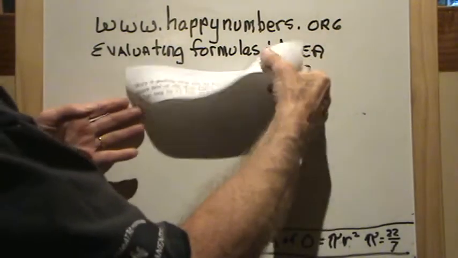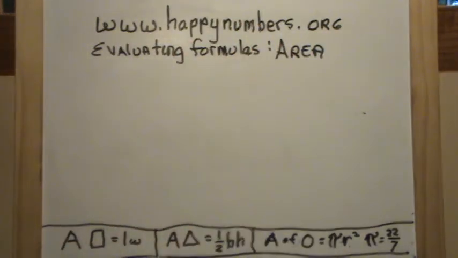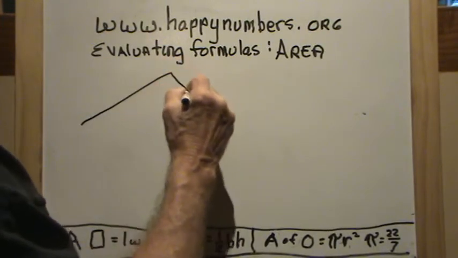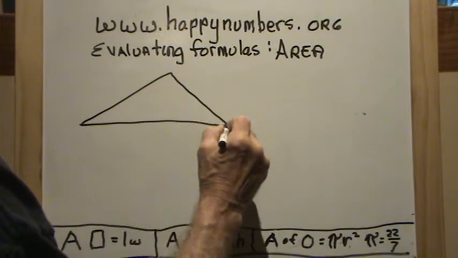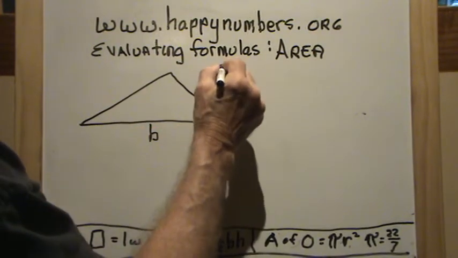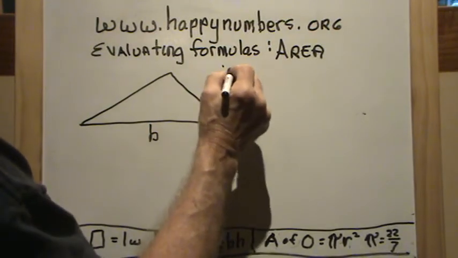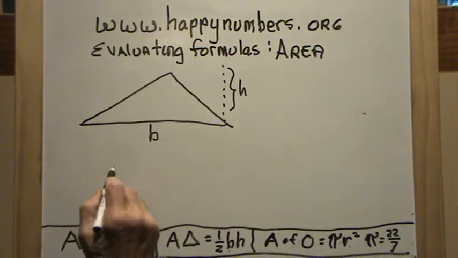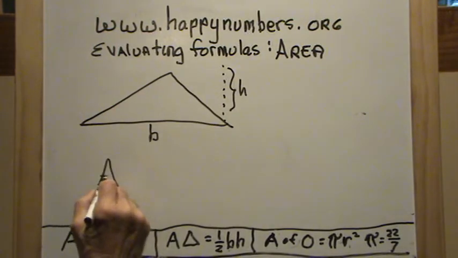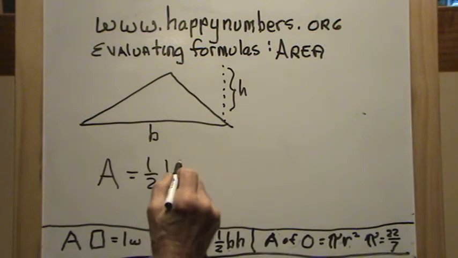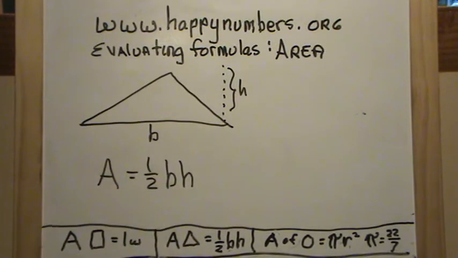Now let's take a look at a problem involving a triangle. Let's say we have this. It's a triangle. Well, the area of a triangle is equal to 1/2 the base times the height.